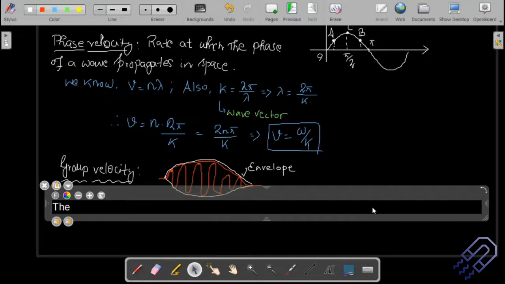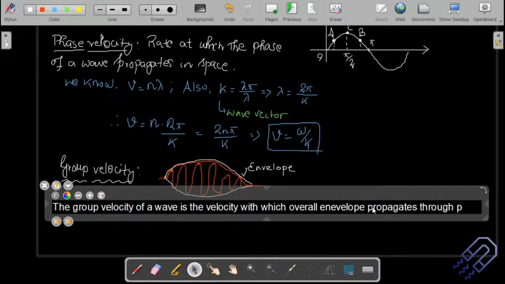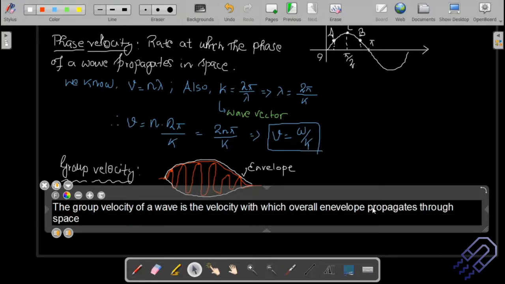When we talk about group velocity, the group velocity of a wave is the velocity with which, overall, the entire envelope propagates through space. So this is called the group velocity, and it's important.